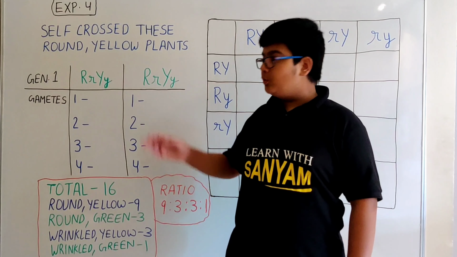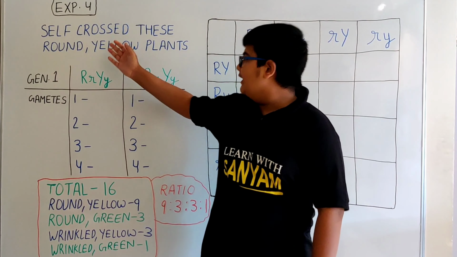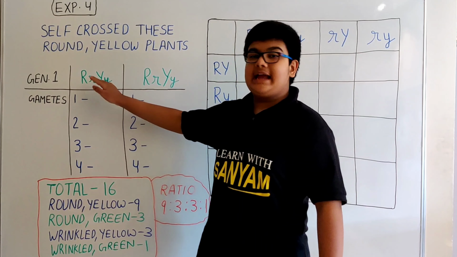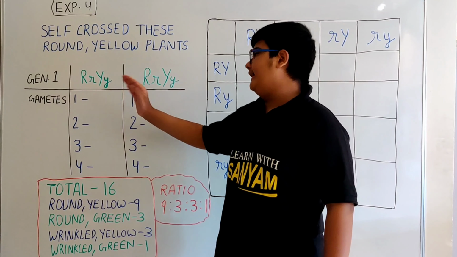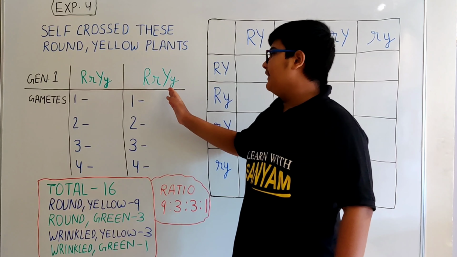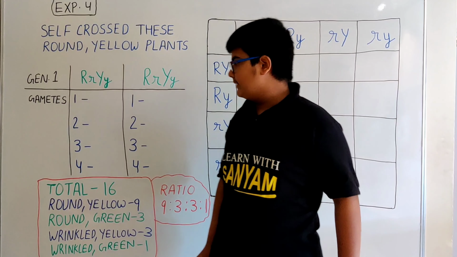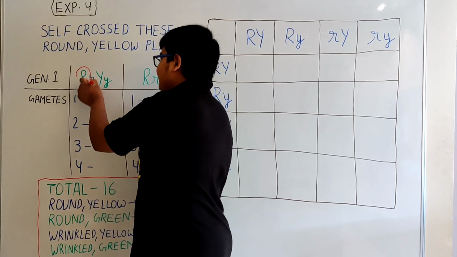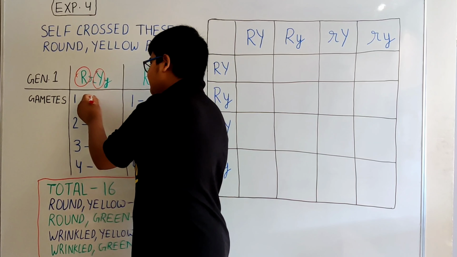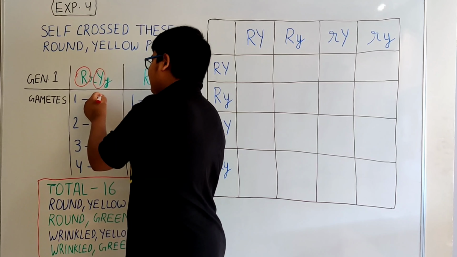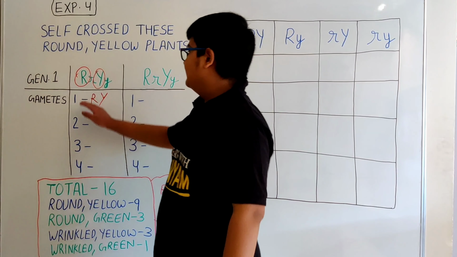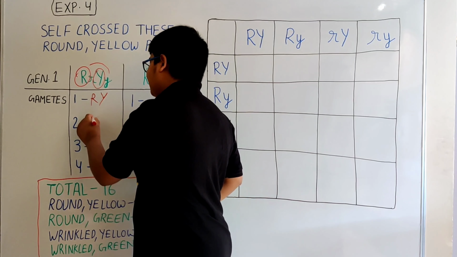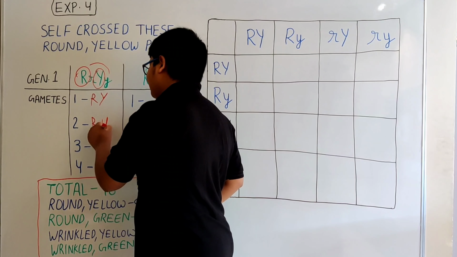Now, he took two of these newly formed round yellow plants and self-crossed them. So he took these two plants that are capital R, small r, capital Y, small y, and then self-crossed them. Let's see the gametes which are formed in this case. The first gamete, if we combine both, we get capital R, capital Y. The second gamete, if we combine capital R with the small y, we get capital R, small y.